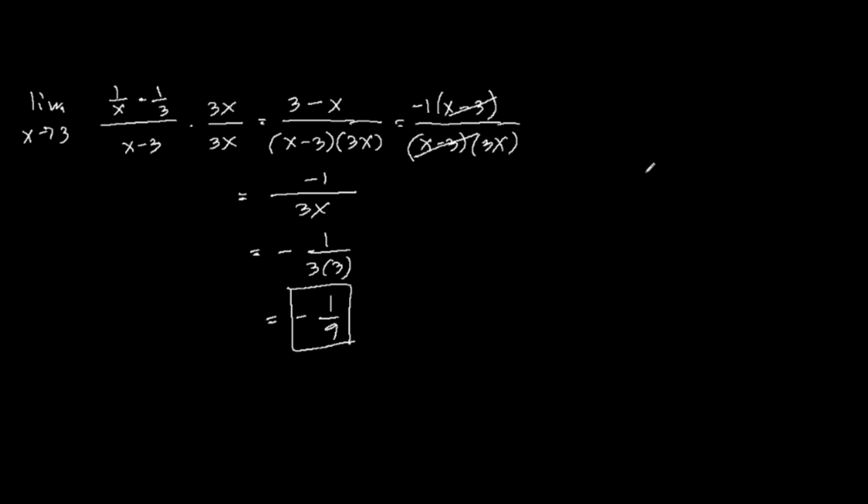Next example. What if we have a radical? So let's try radicals. The limit of x approaches 9 with the square root of x minus 3 divided by x minus 9.